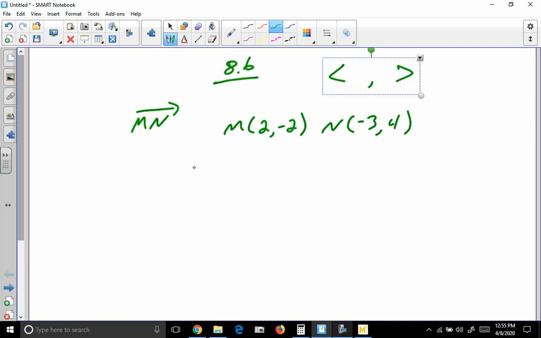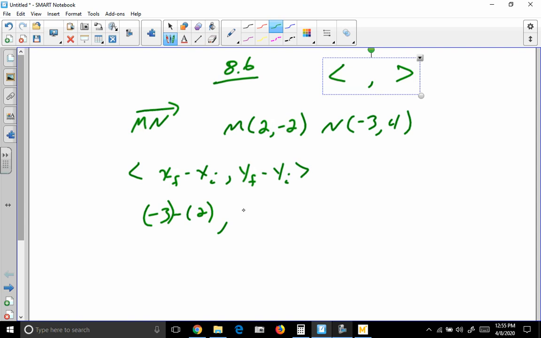So remember, we do the x final minus x initial to get the x component, and then the y final minus the y initial to get the y component. We're going to n, so do -3 minus 2, and then we do the same thing with the y's.